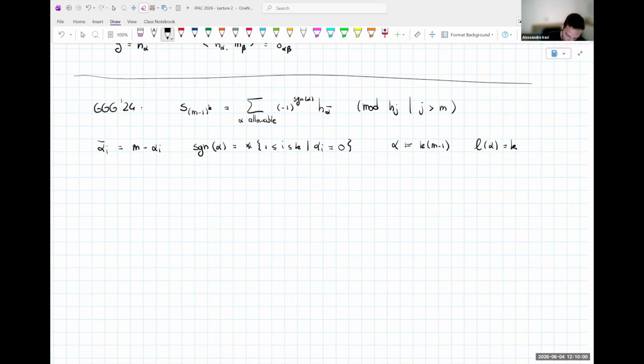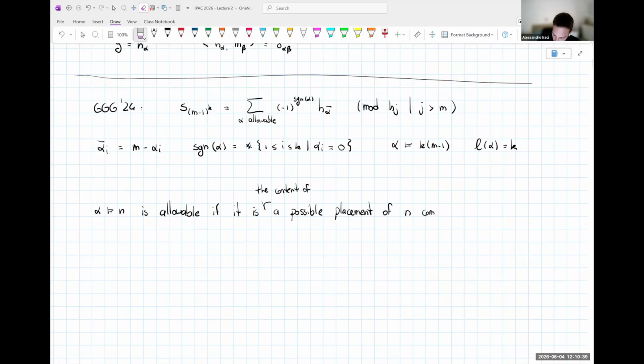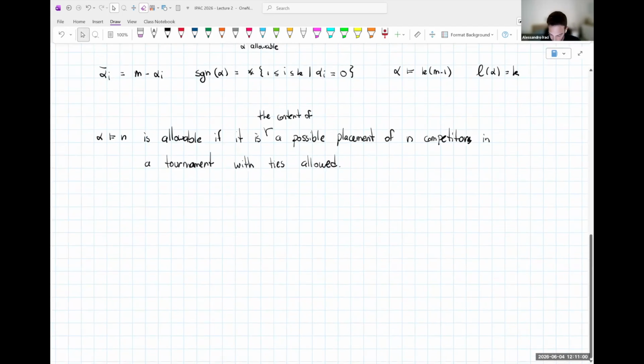So think of this: alpha is allowable if it counts the possible placements of competitors in a tournament with ties allowed. Okay, this is all very messy, but now it's going to be pretty clear.